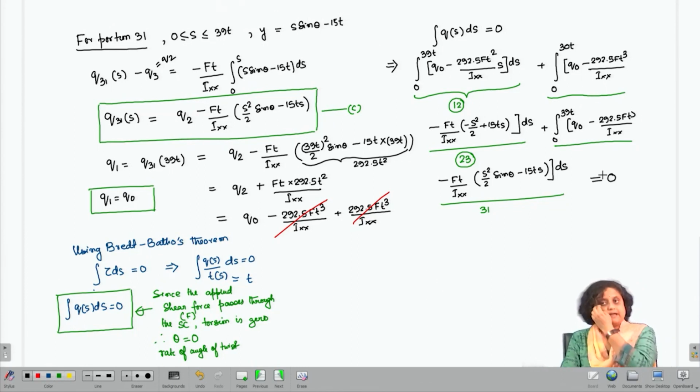Now, if we simplify this expression, we see that all these 3 integrals have q 0 in them.